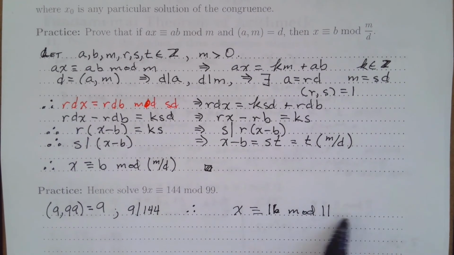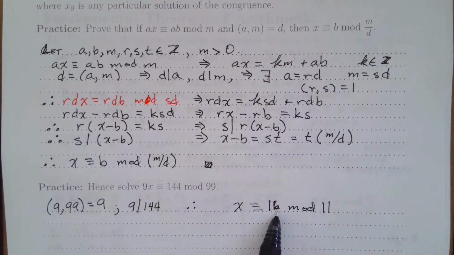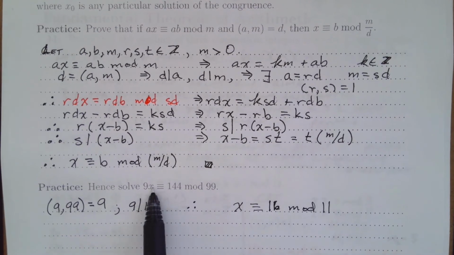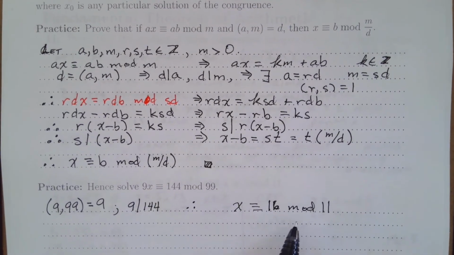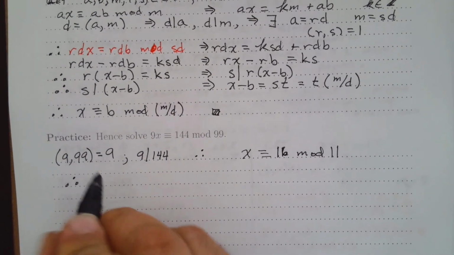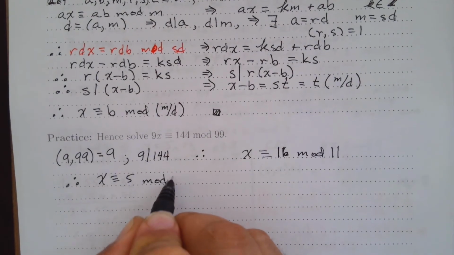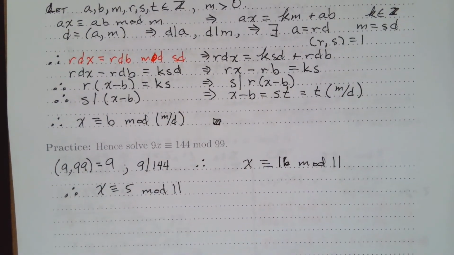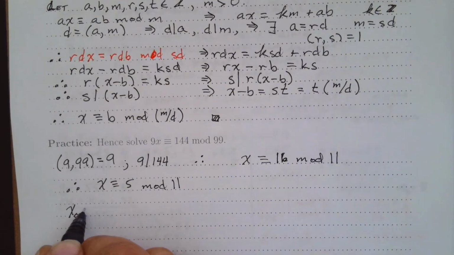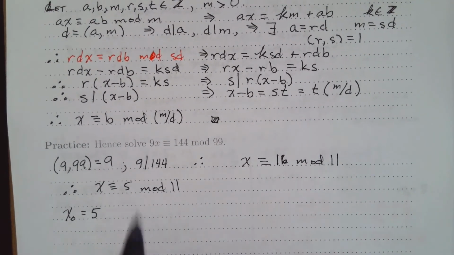And the reason is that 144 divided by 9 is 16, 99 divided by 9 is 11, and of course 9 divided by 9 is 1. So x is equivalent to 16 mod 11, and therefore x is equivalent to 5 mod 11 to make things a little bit easier. That tells us that x naught, our first solution, can be 5.